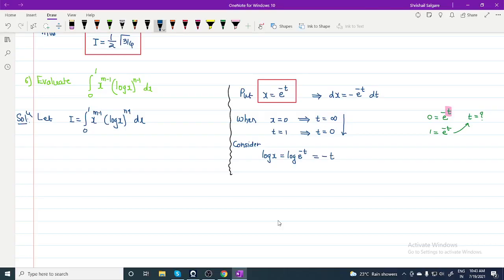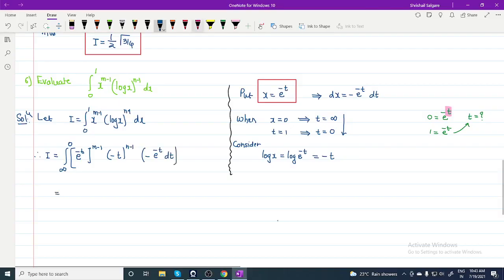Therefore, the given integral can be converted to the integral with new limits from infinity to 0. x is nothing but e to the power minus t, raised to m minus 1. Log x is minus t, raised to n minus 1. And dx is given by minus e to the power minus t dt.